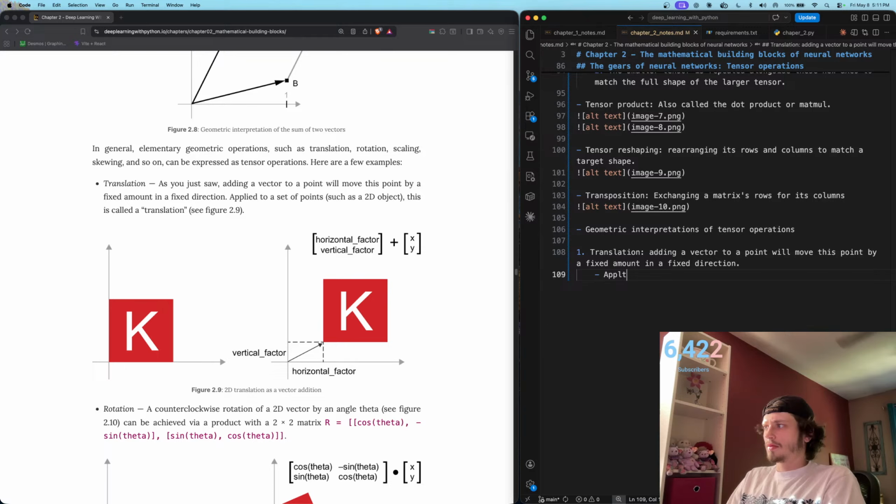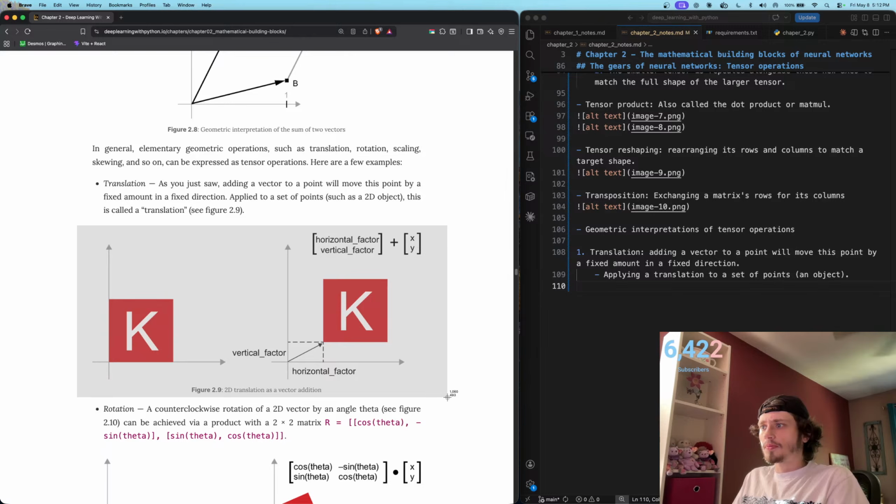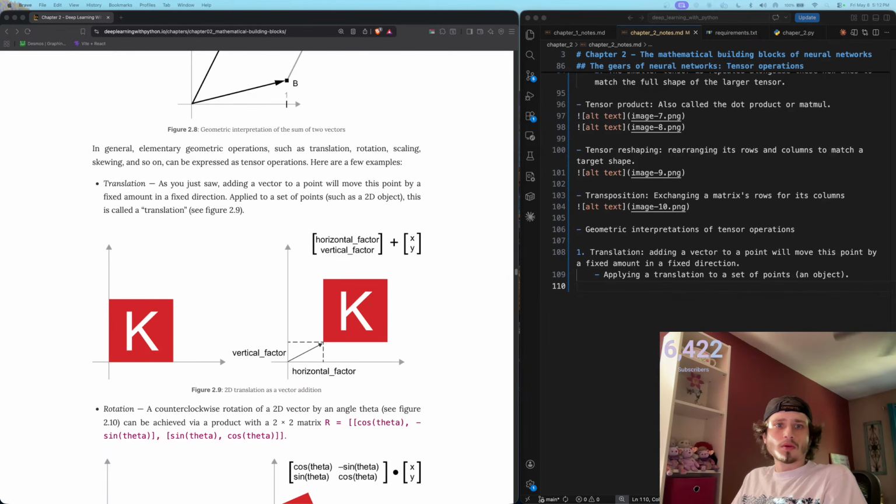Applying a translation to a set of points, an object. Okay, so then you have this. We'll take this example here.